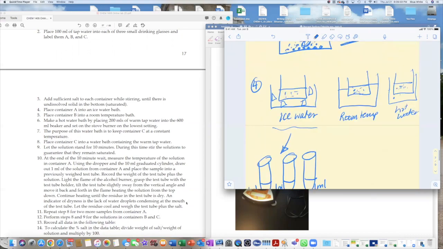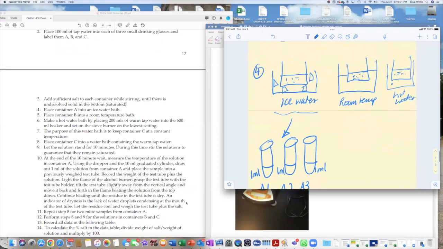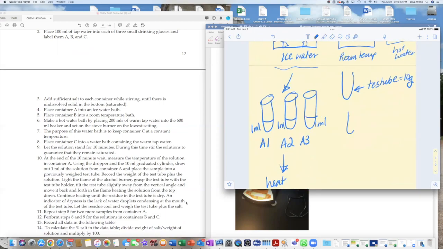Okay, so let me give some numbers for this to make sense. Let's say the test tube by itself is 10 grams. And then let's say test tube plus solution is 11 grams.